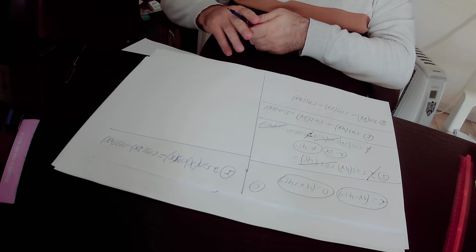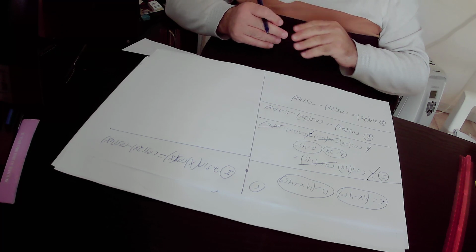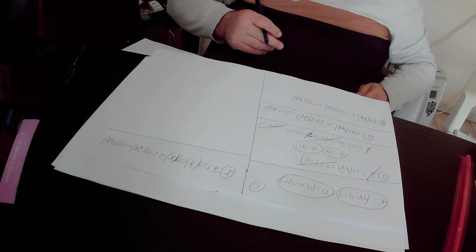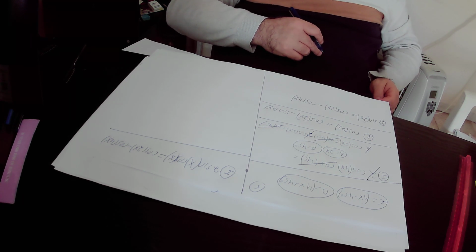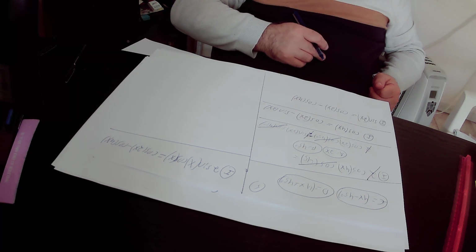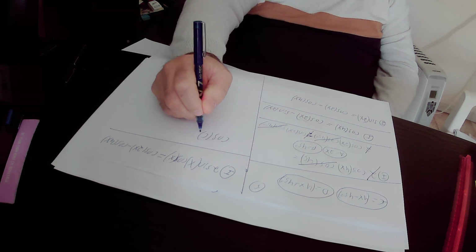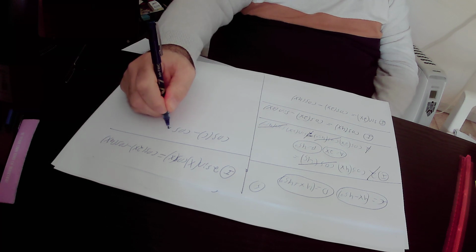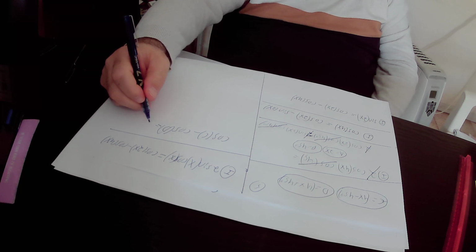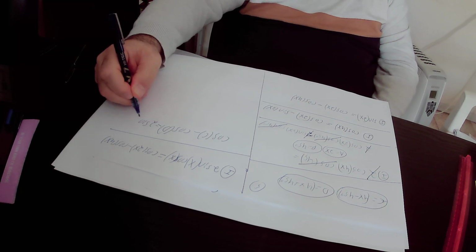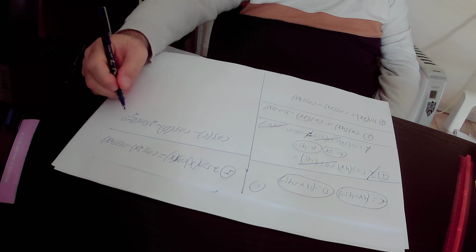Actually, cosine 2x minus cosine 4x is of the form cosine C minus cosine D. We can use the trigonometric identity that cosine C minus cosine D equals 2 sine (d plus c) over 2 times sine (d minus c) over 2.